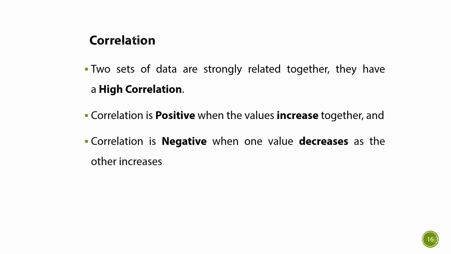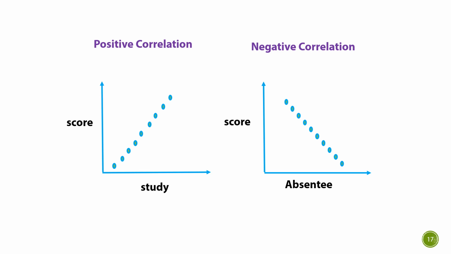positive and negative correlations. In this diagram, positive and negative correlation is shown. As study increases, score increases too, and score decreases as absences increase. The greater the absolute value of the correlation coefficient, the stronger the relationship is.